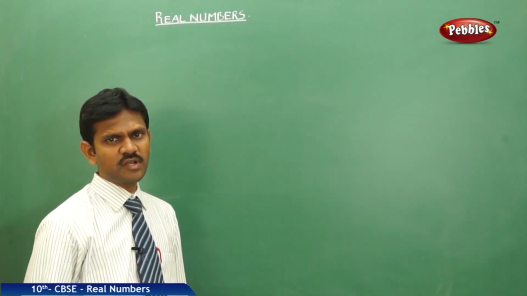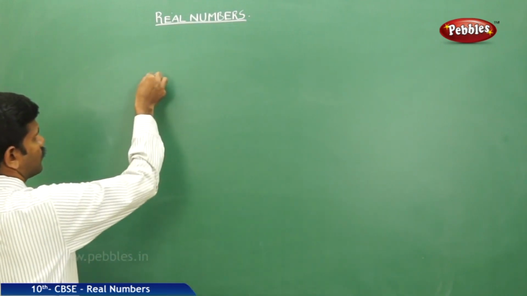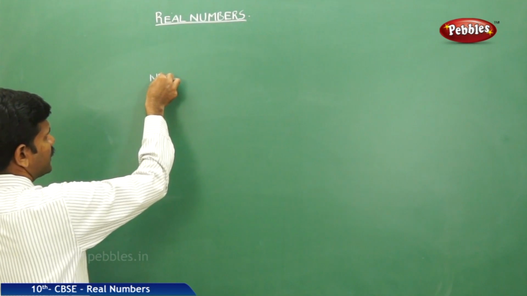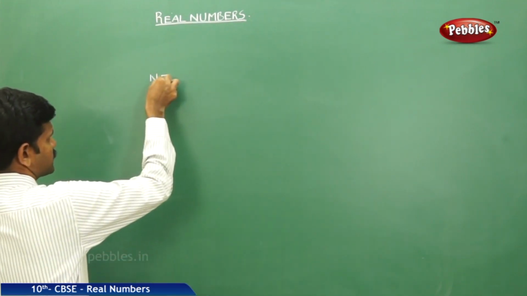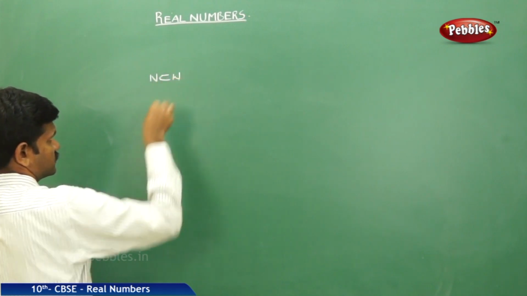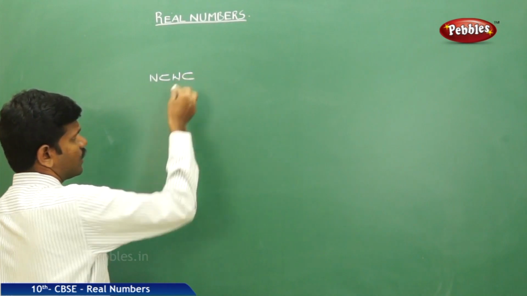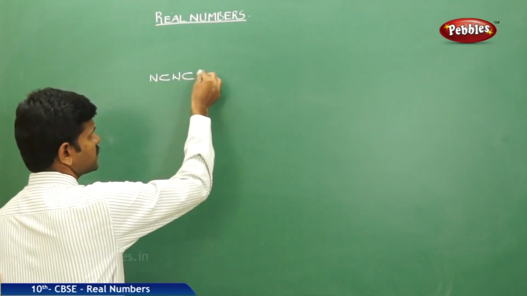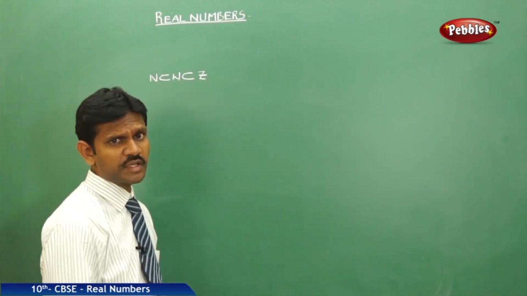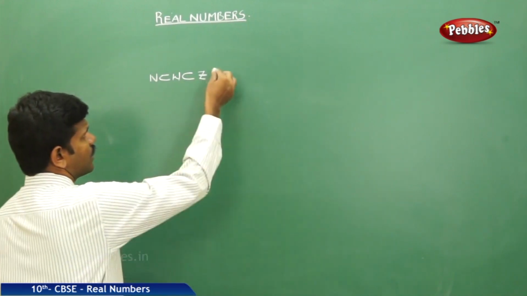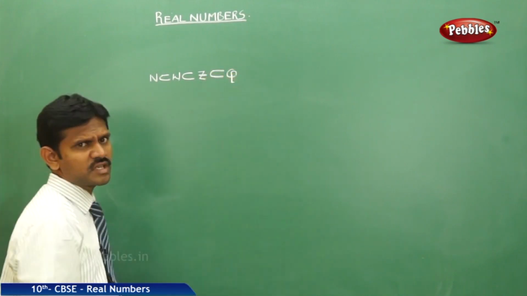From our previous knowledge, we can decide that all natural numbers are whole numbers. That is, natural numbers are a subset of whole numbers, and all whole numbers are integers. That is, whole numbers are a subset of integers, and all integers are a subset of the rational numbers.